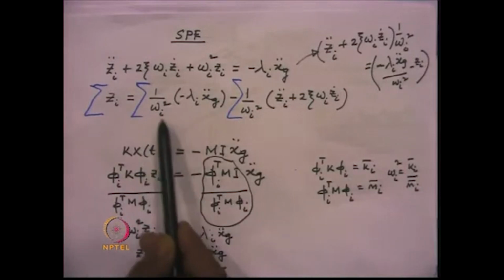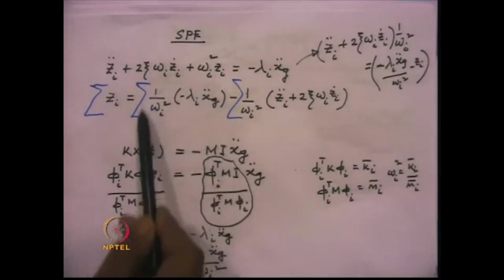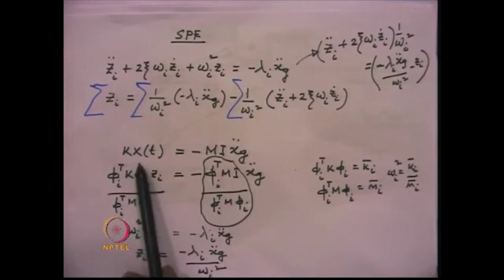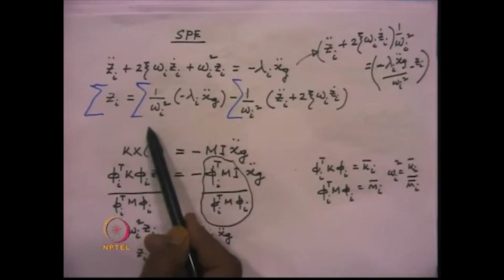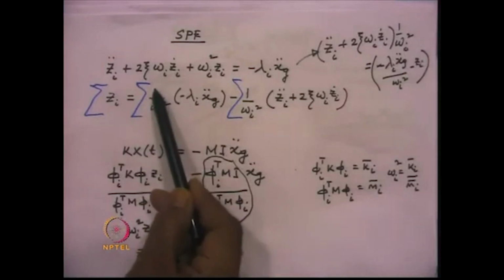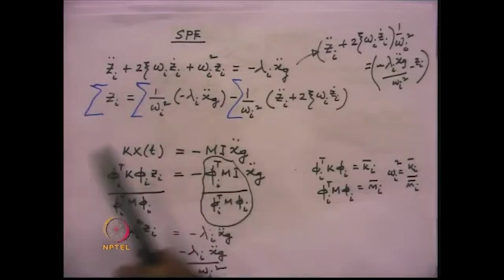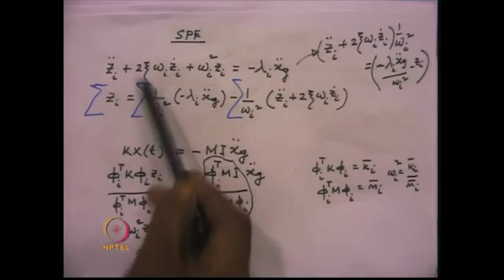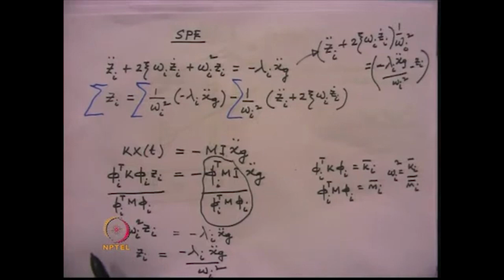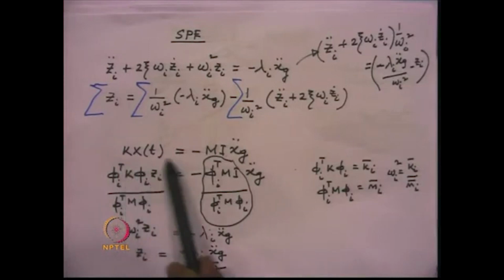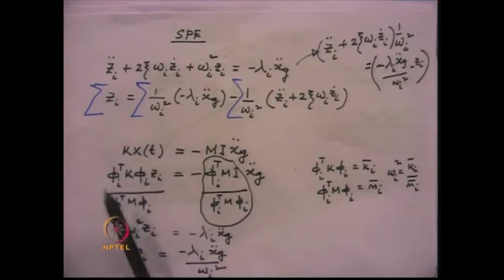Now, if we wish to get a correct value for this quasi-static response, then instead of summing it up for the m number of modes, we should sum it up for all the modes. Then the response that we get will be equal to x t, and this x t can be obtained from a quasi-static analysis of the structure.